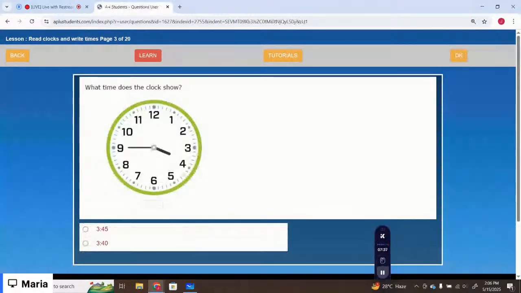Okay. What time does the clock show? So, which is the correct option?